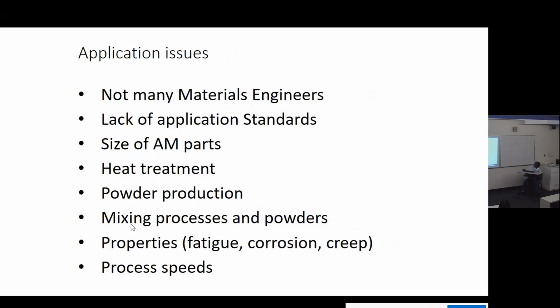So a few issues. Apparently, there are not many materials engineers or metallurgists in Australia. So all you people who are doing PhDs should seriously consider doing material science related work, because there are going to be jobs, I think, in the future, because they're talking about rocket launching facilities and whatnot.